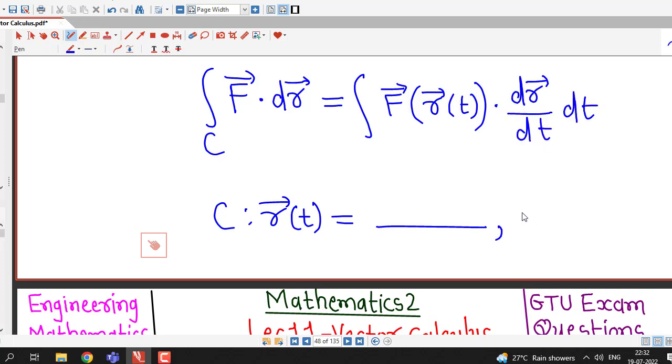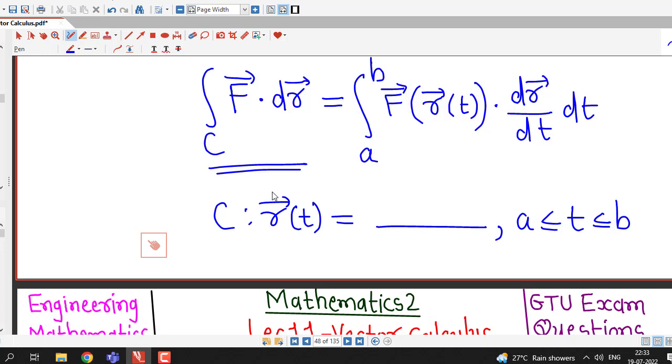In this parametric representation, suppose t runs from a to b, then the limits of integration will be from t equal to a to t equal to b. This is the definition of line integral which we discussed in lecture number 10.